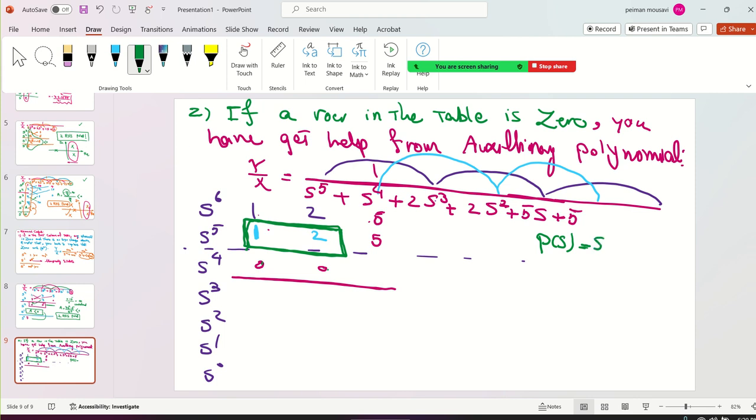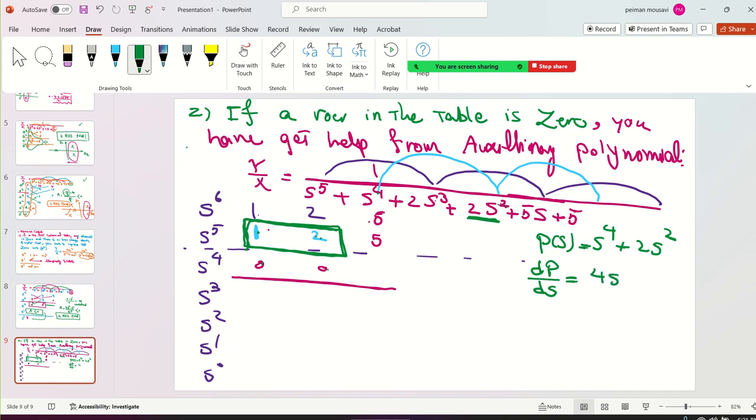You're gonna say S4. See, 1 coming from S4 and 2 coming from 2S squared plus 2S squared. You're gonna write like this because we got this one from S4 and these two from S squared. Then you're gonna have the derivative with respect to S, dp over ds. This is the rule.